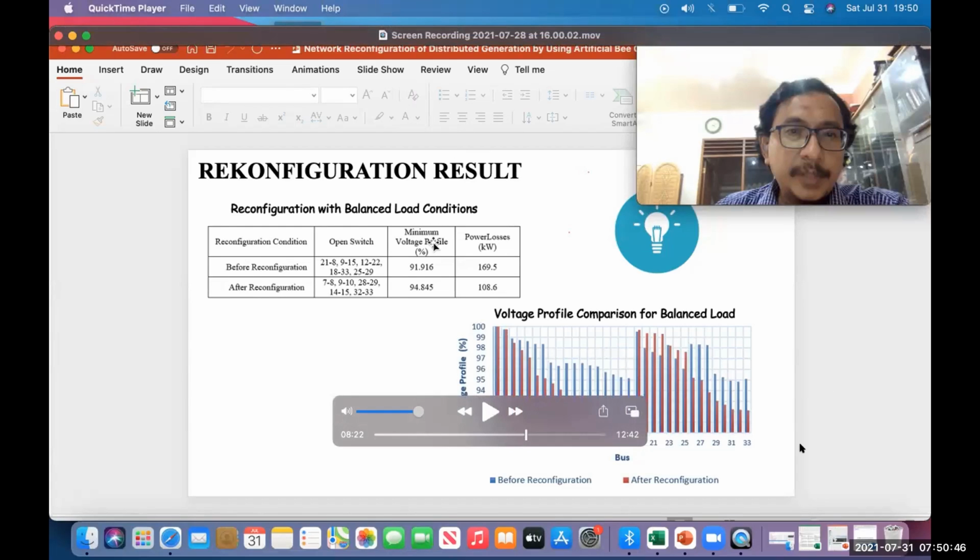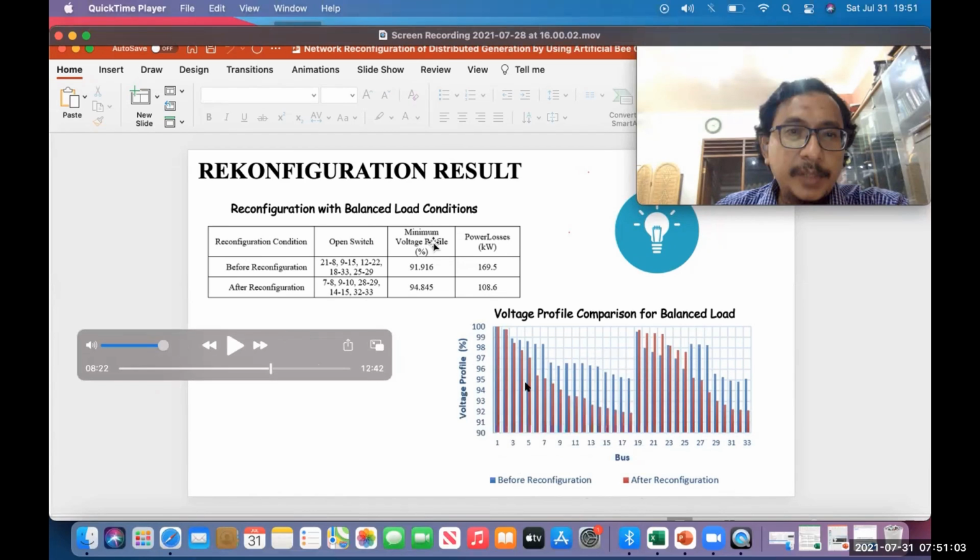Yes, these graphs show the voltage profile before reconfiguration and after reconfiguration. Before reconfiguration is the blue line and after reconfiguration is the red line. In this figure, you can see that after reconfiguration, around bus 9 to 19, this is the smallest voltage profile.